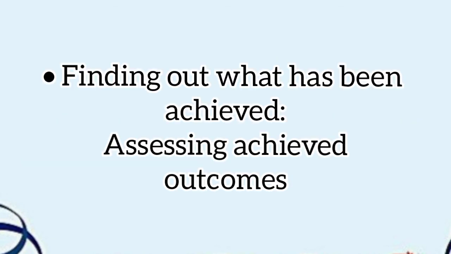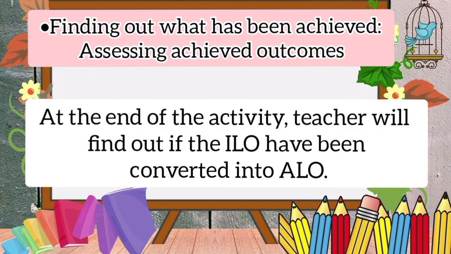And the last point to remember is finding out what has been achieved, assessing achieved outcomes. At the end of the activity, the teacher will find out if the intended learning outcomes, or the ILO, have been converted into achieved learning outcomes, or the ALO.